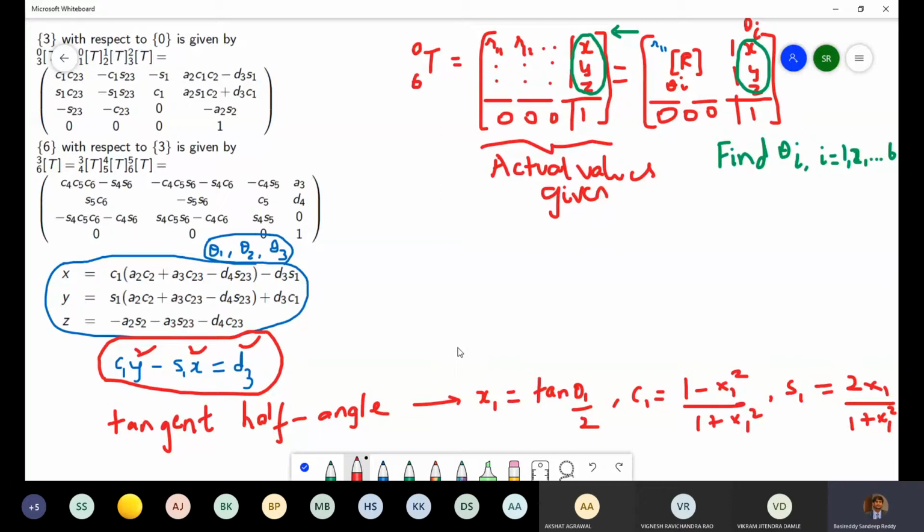These are known as the tangent half angle formulas when you make these substitutions.